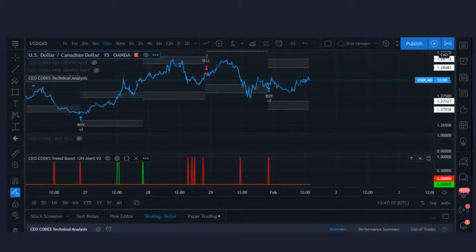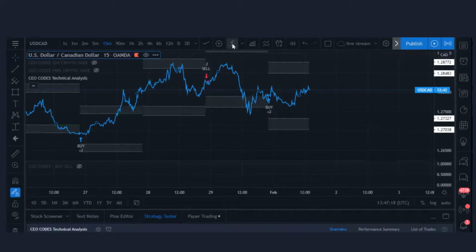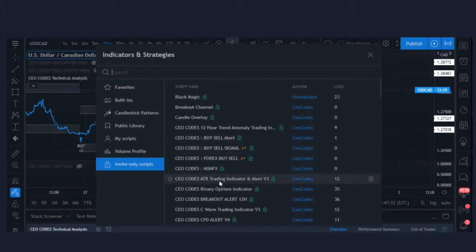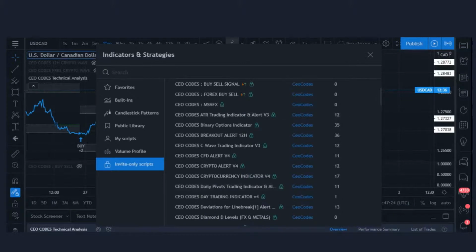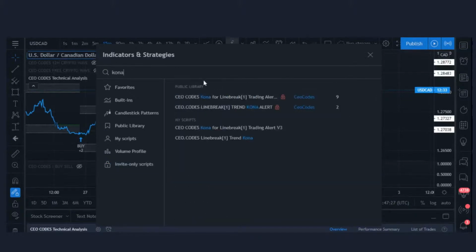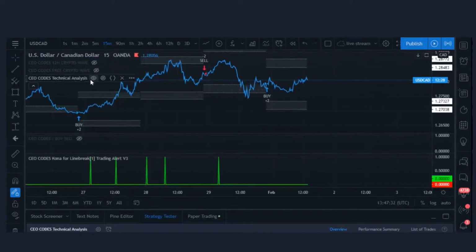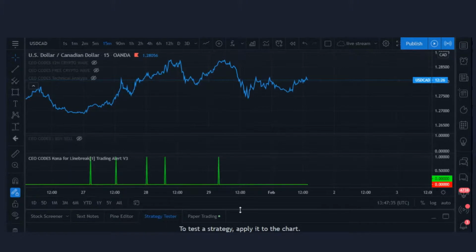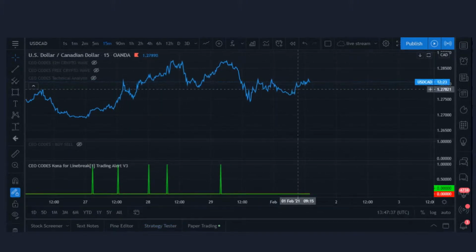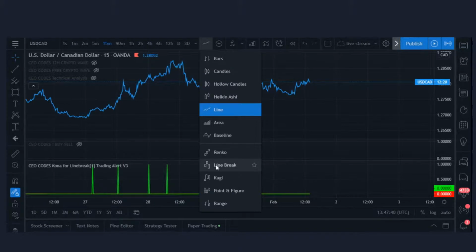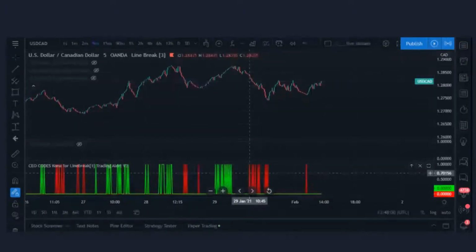Now we will have a look together at the Kona indicator. I will show you something very important. This is the Kona indicator. But the thing here is, I'm not using Kona on the normal candle. I use Kona for the line indicators, working with a different kind of chart type.